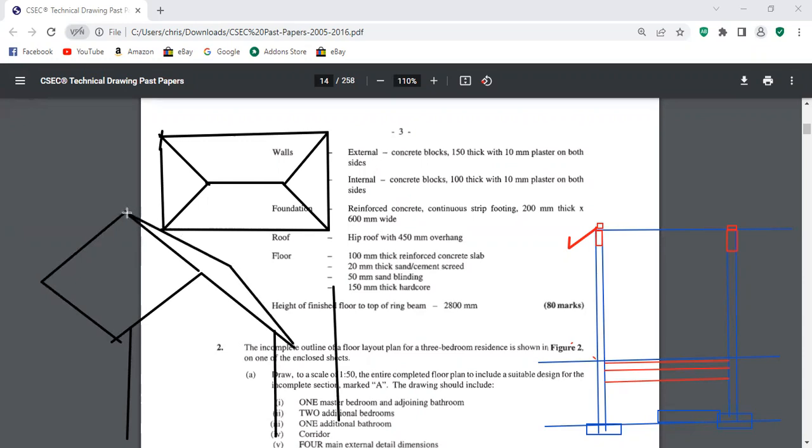It's basically a pitch roof. Yes, so it's the pitch roof.